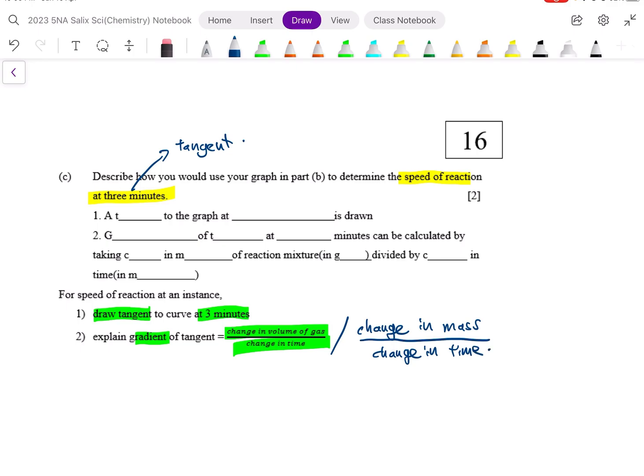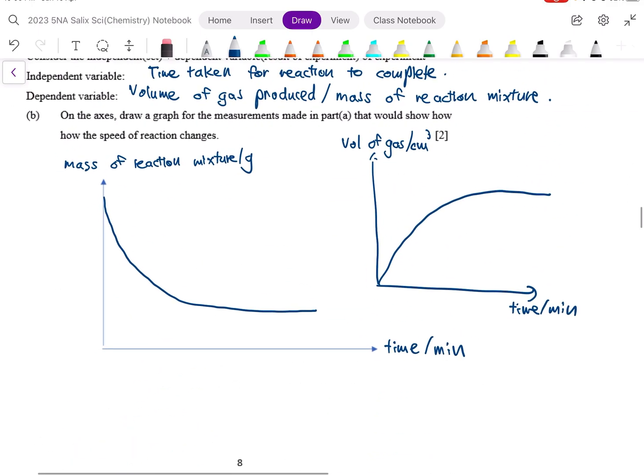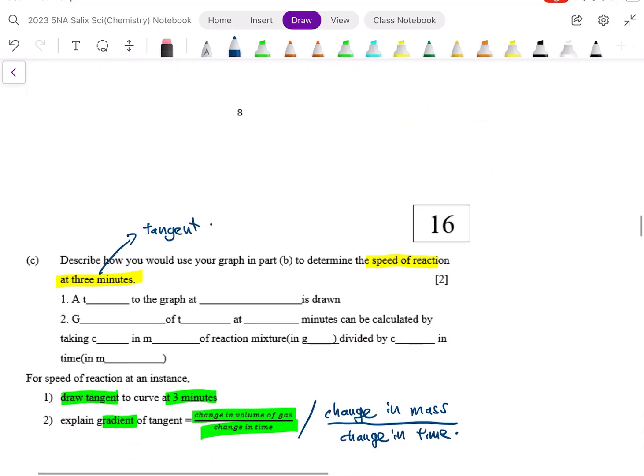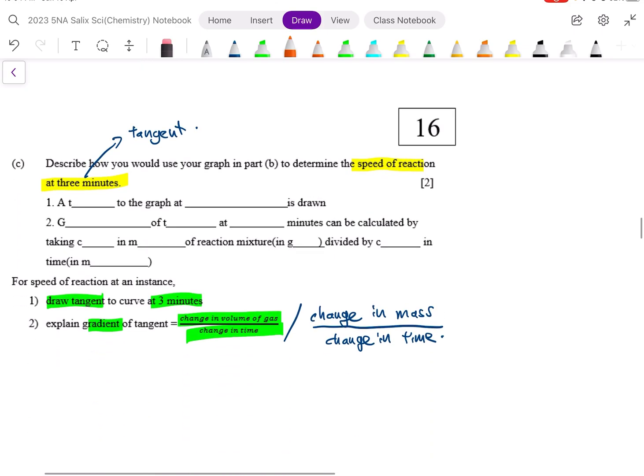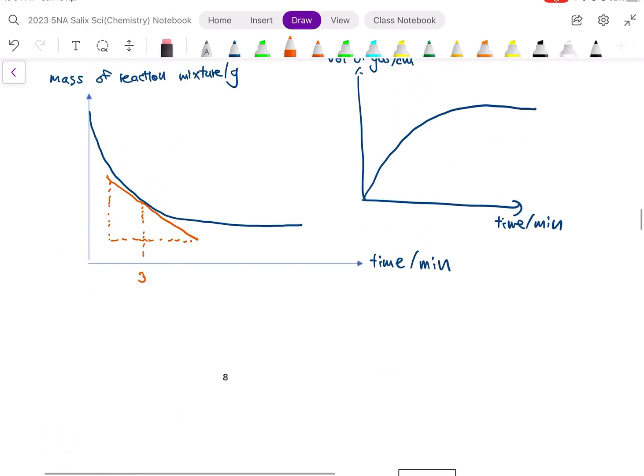So what we have is this. Let's say at 3 minutes is here. You'll be drawing a tangent at 3 minutes and then finding the rise over run. So a tangent to the graph at 3 minutes is drawn like what I have done so far.